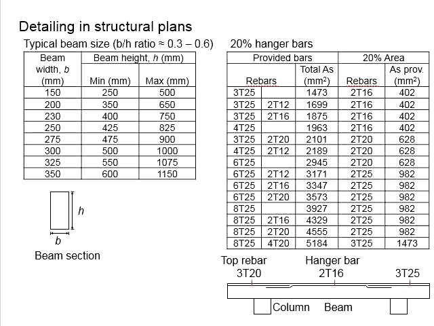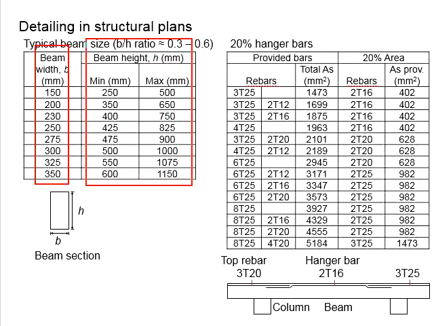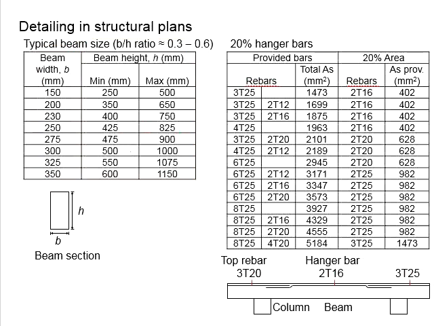Since we are introducing this slide, we mentioned in our previous videos a good aspect ratio for the beam section, it would be 0.3 to 0.6. In order to fulfill this ratio, this table is developed with the beam width and the applicable range between the minimum and the maximum height. Let's say now you're talking about the beam width of 150.